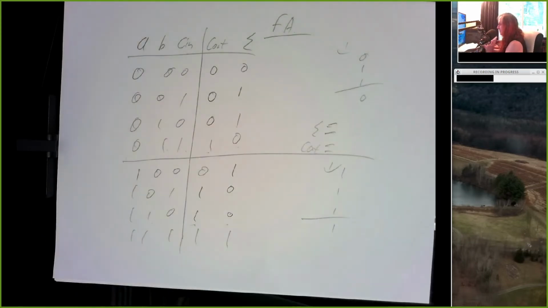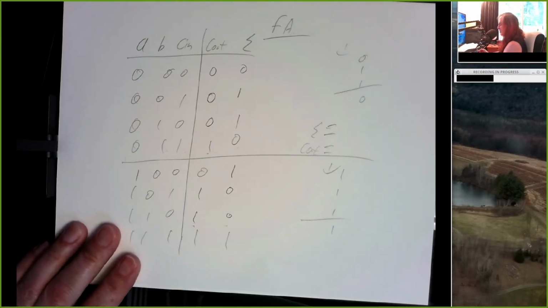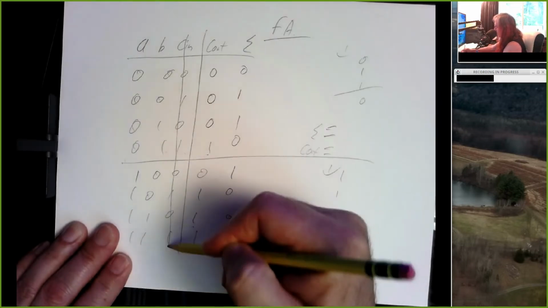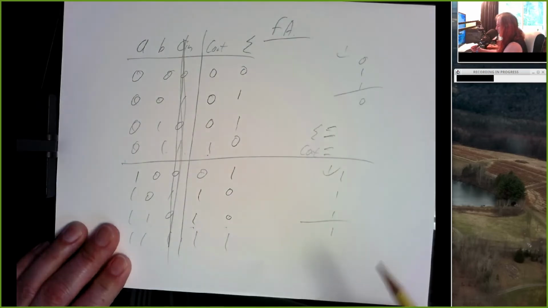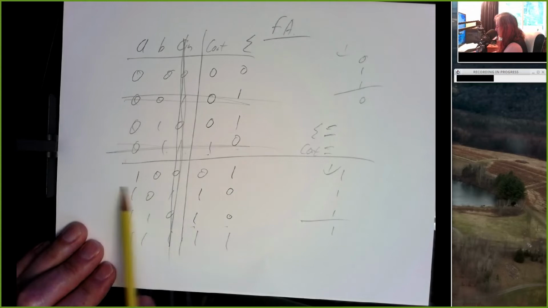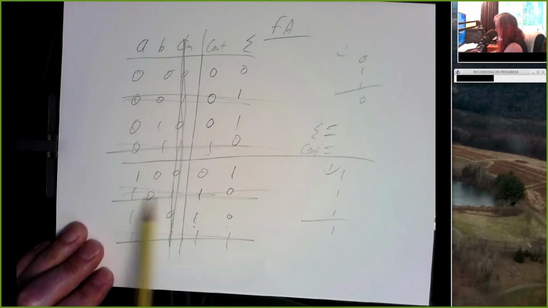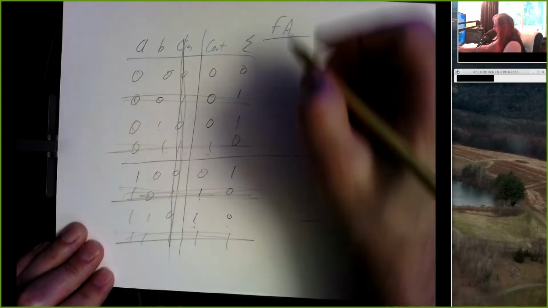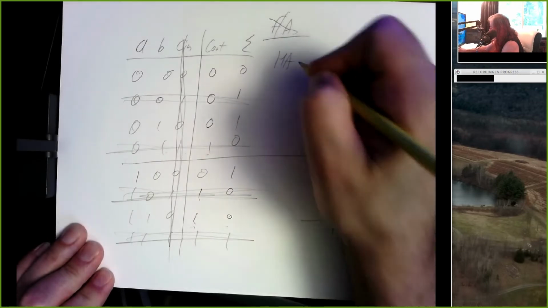All right, well, if we don't need an incoming carry, guess what? We can get rid of this column, and we can get rid of all the rows where the carry in was equal to a 1. And we call this a half adder.